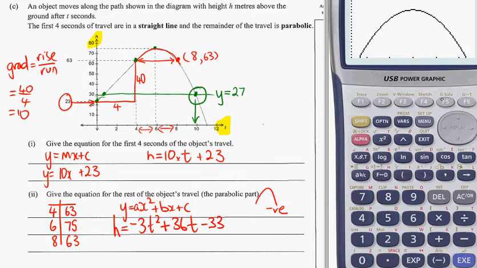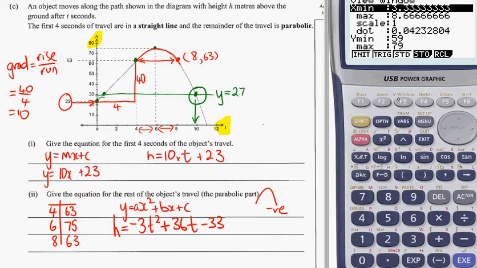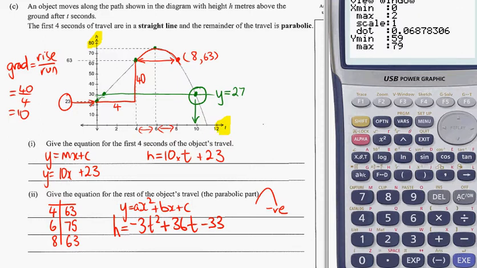Now we can almost see that. We might just check the view window. X-axis, we want to go from 0 up to 12. The y-axis, of course, we want to go from 0 and a bit more than 79, we'll go up to 80.